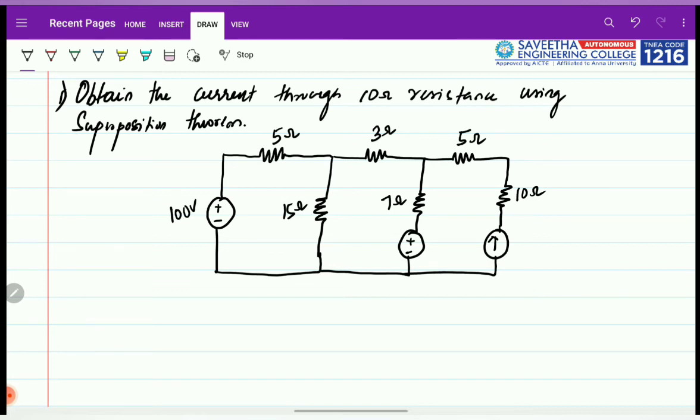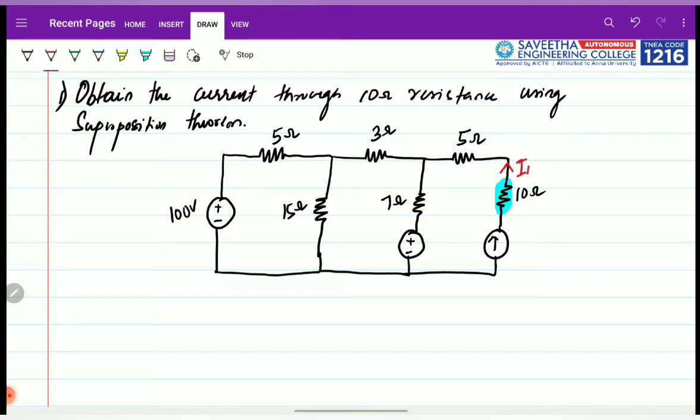For this circuit they are asking you to find the current through this 10 ohm resistance. The 10 ohm resistance is somewhere here, so they are asking you to find the current which is going through this 10 ohm resistance.